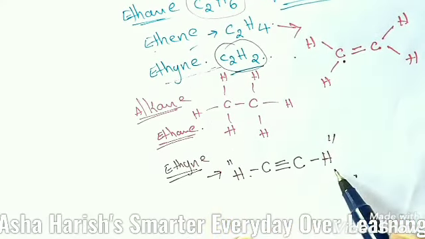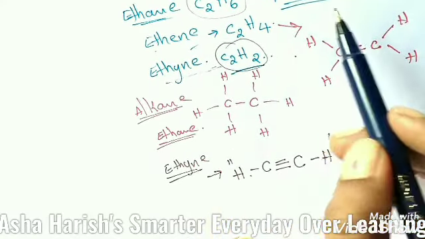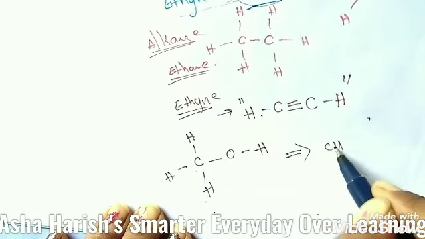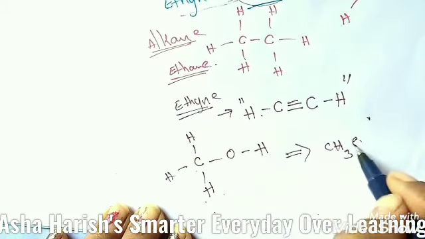And the next one is the example I have written, methanol. Here OL is the suffix, so this is an alcoholic group. Let's see the structure of methanol: CH3, here 3 hydrogen atoms, here 1 oxygen, here another H. So the formula is CH3OH.